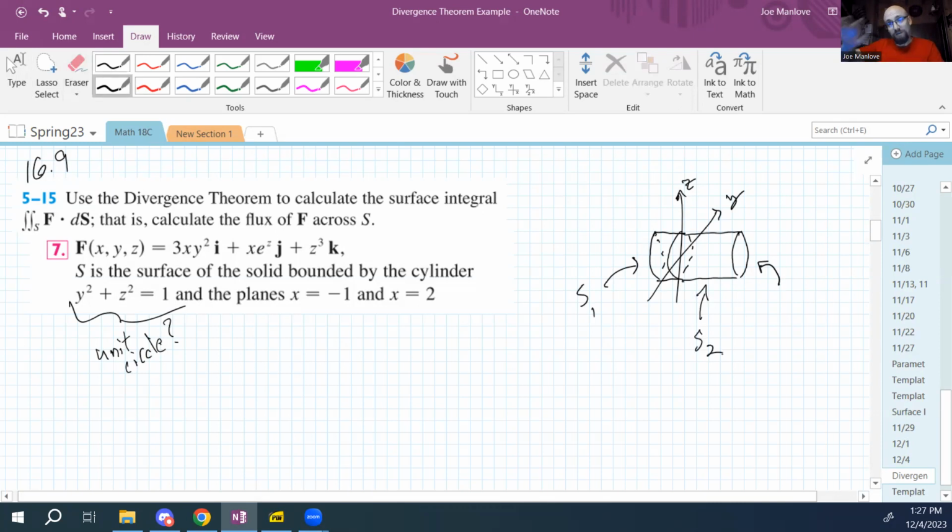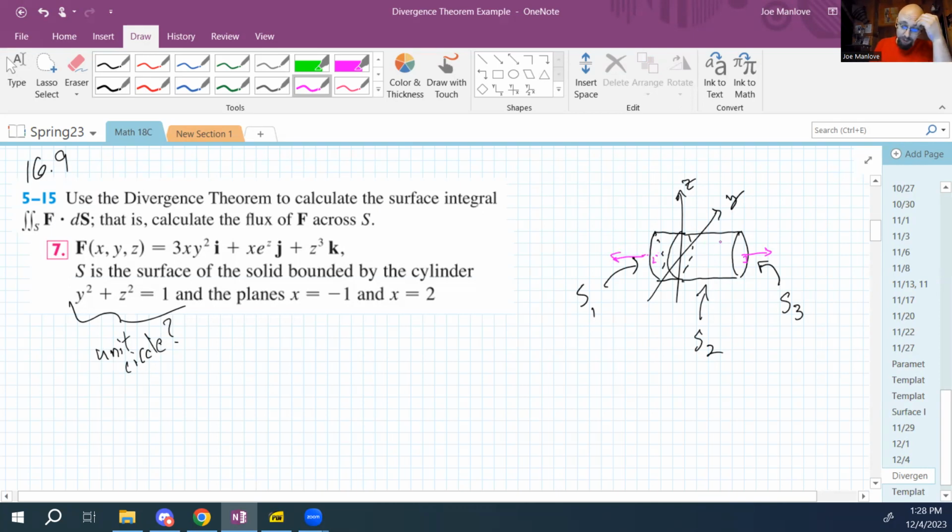S2 would be the skin of the cylinder, right? So the toilet paper tube part. And then S3 would be the other end cap. And I'd need normal vectors for all three of those, right? So this one's pretty easy. It sticks straight out of the end. That's going to be something parallel to i. There's another one that's pretty easy. That's this one on the opposite end. That's going to be something parallel to -i.